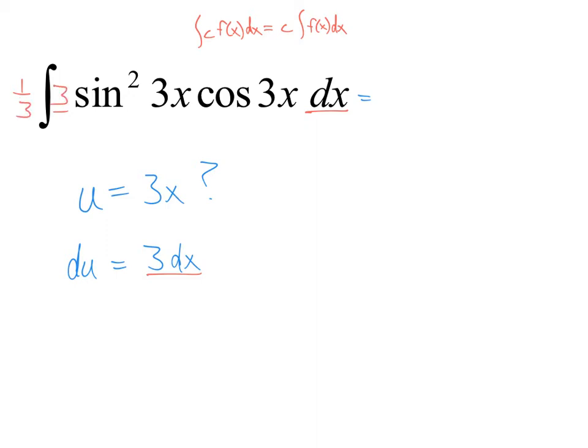Okay, so we're trying this, and we substitute in, now that we've done that, we substitute in the u's. There's a u, there's a u, and we look at what we have. We have the integral of sine squared u times cosine u du. Now, am I able to take the integral of that?